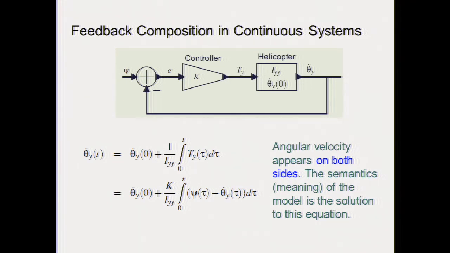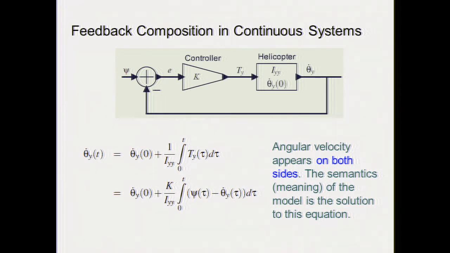Now, again, remember what I said before. If you assume that the derivative function is continuous, because of the integral, there is always a solution. So, hallelujah, this feedback is well defined in this particular case. Not always, but in this particular case it is.